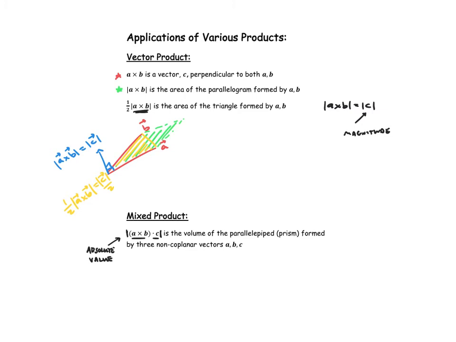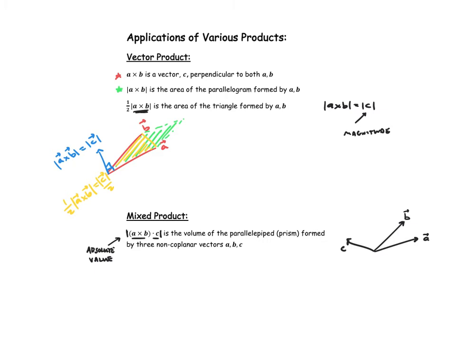Okay, so I've got A, B, and C. Here's A and here's B. And just so we don't mistake C for the cross product of A and B, I'm going to call C just some other vector.